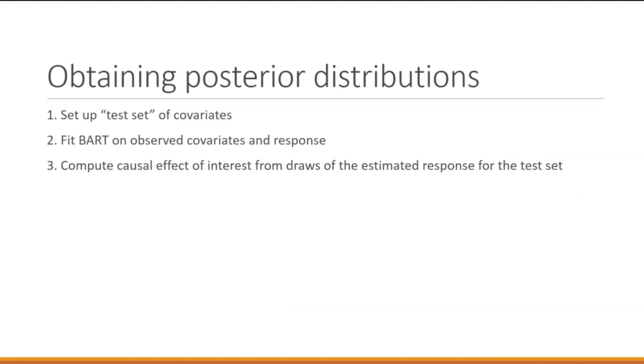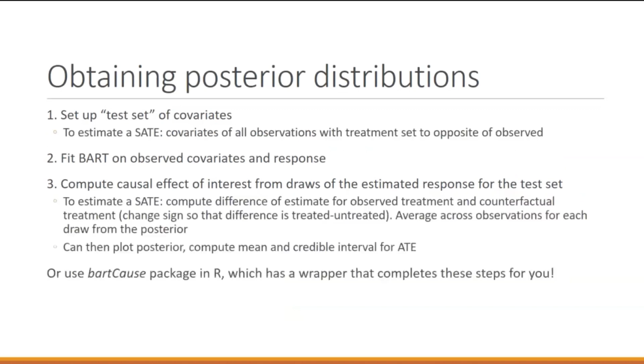You want to fit BART on the observed covariates and the response, and then you compute causal effects of interest from draws from the test set and the observed variables. So for instance, if we want to estimate a sample average treatment effect, we would create a test set that has all of the observations that exist in our data with treatment set to the opposite of what they actually received.